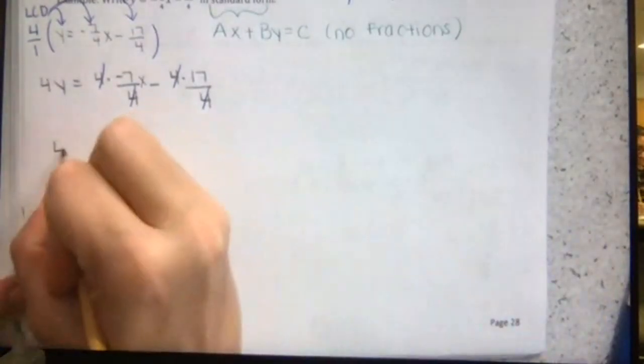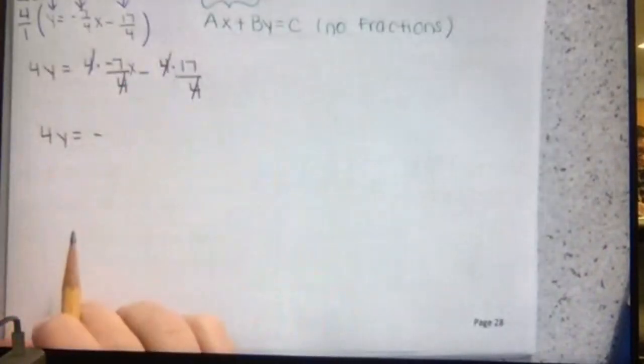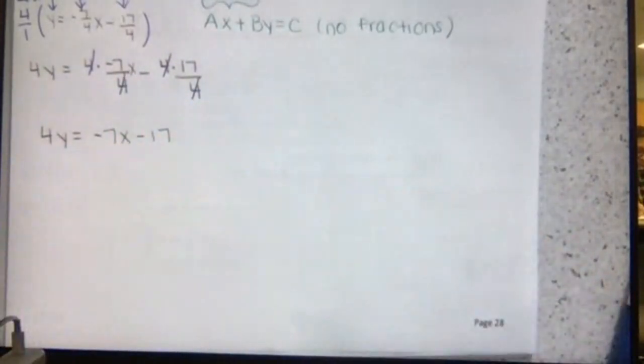So we're left over with 4y equals negative 7x minus 17.